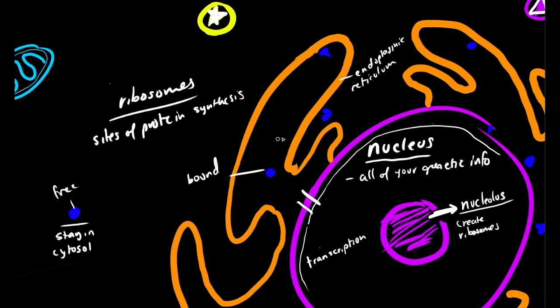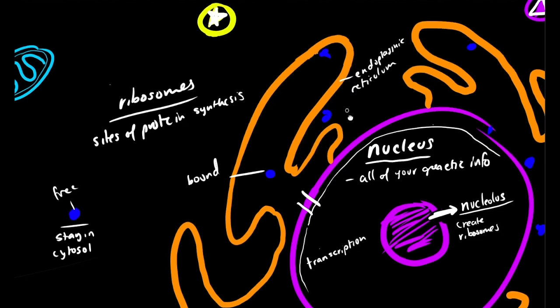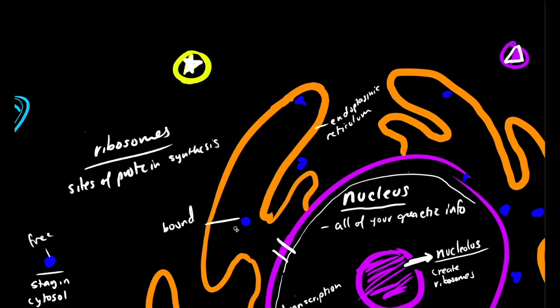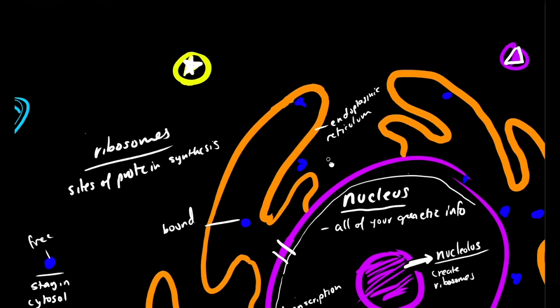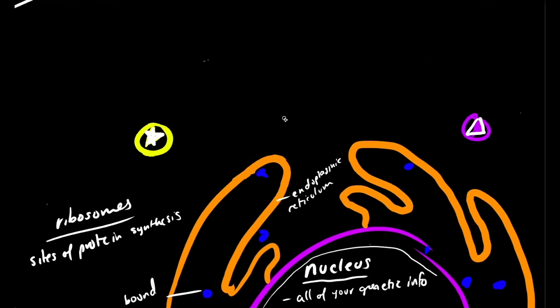But the ribosomes that are bound on the endoplasmic reticulum have more functionality, as the proteins that they create are usually sent either outside the cell or onto the cell membrane, which is where the endoplasmic reticulum really comes into play. The endoplasmic reticulum is a structure that really wraps around the nucleus, and its main purpose is to store proteins in vesicles to transport.